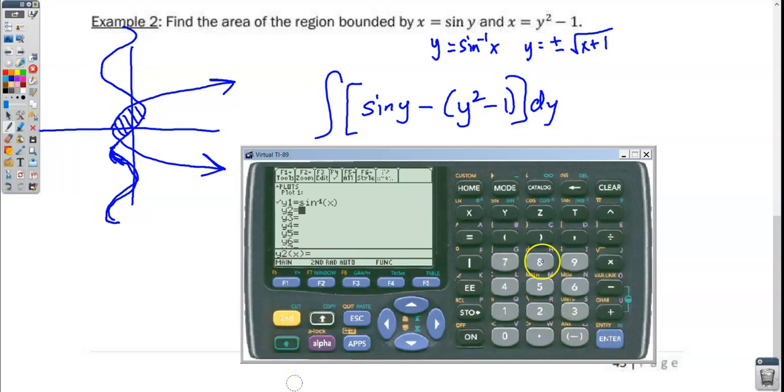Let's see, I've got to do two different graphs for the plus or minus. Okay, and oops, I want to zoom to a standard window. Now, one of the problems with this is I don't know that the arcsine function is going to give me everything that I need here.